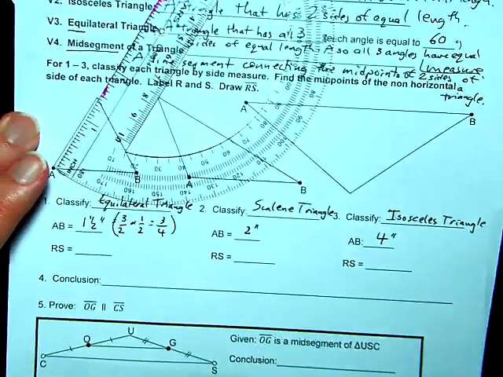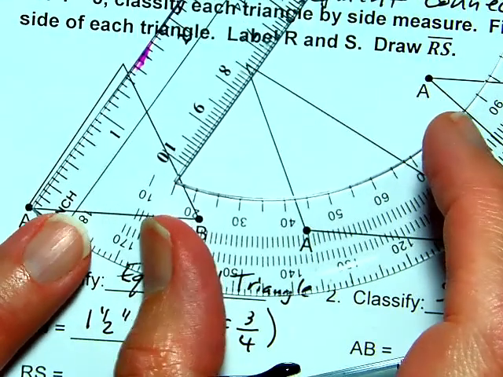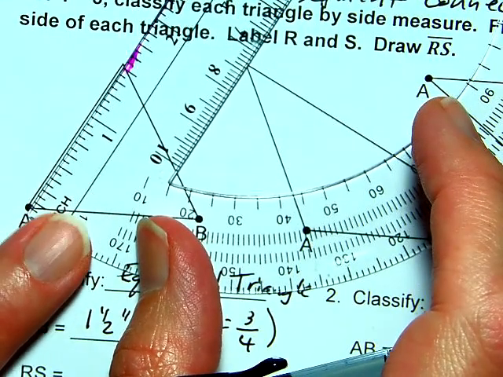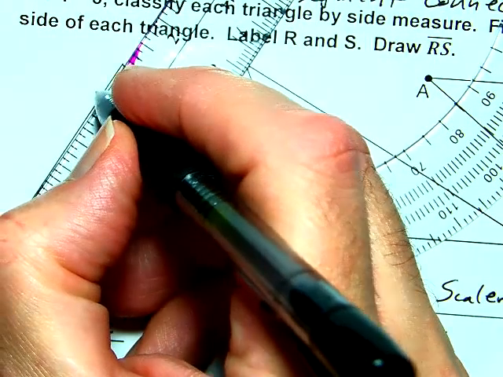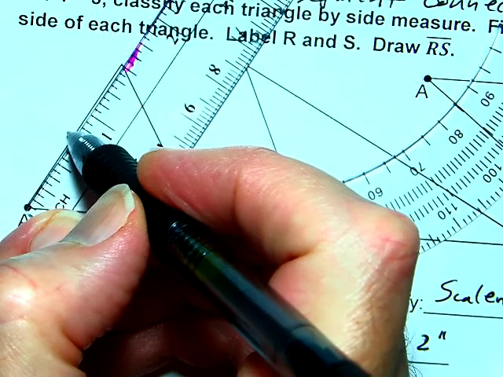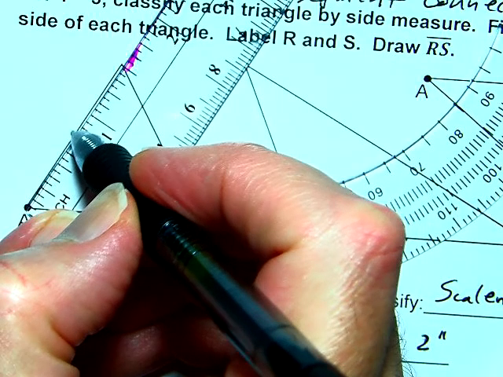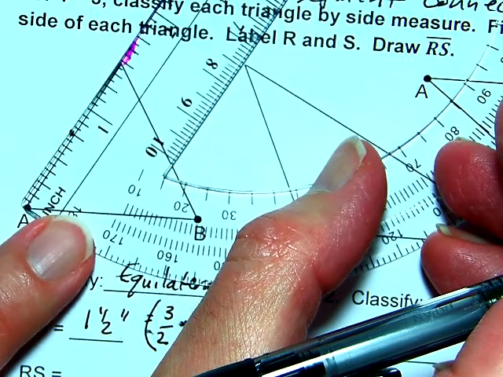Let's zoom in so we can really see this in great detail. Got to measure 3/4 of an inch up here. The camera's kind of blocking it, but it's right about over there. It's pretty close to 3/4 of an inch.